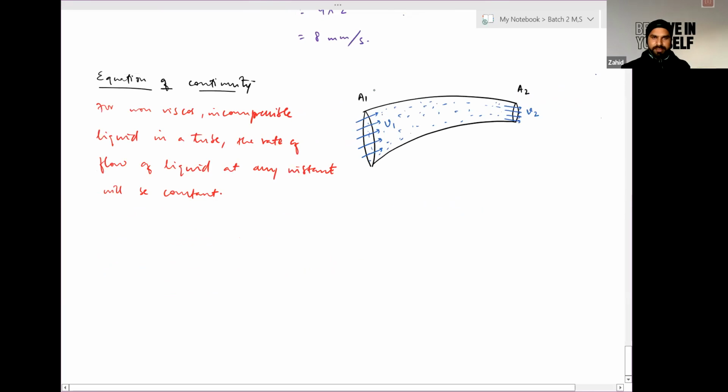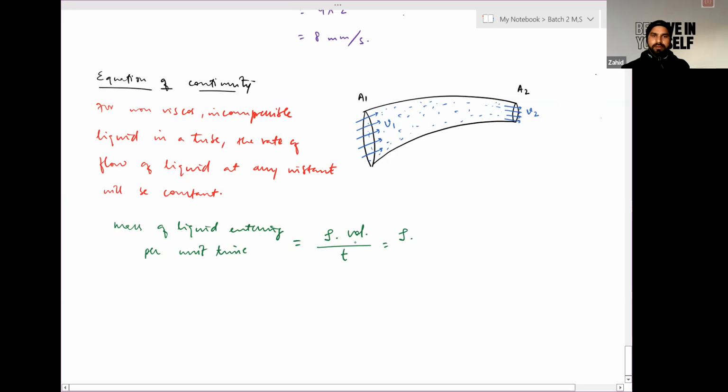Suppose at this first end, liquid is entering. So we can write mass of liquid entering per unit time. As mass is related with density, mass equals density into volume. So we can write density into volume divided by time taken.